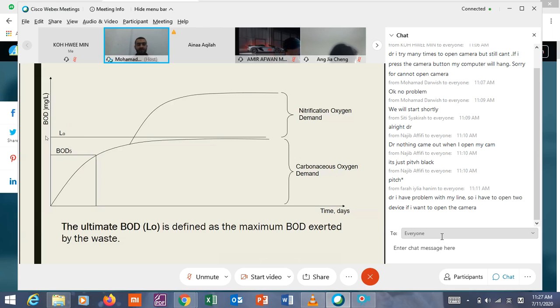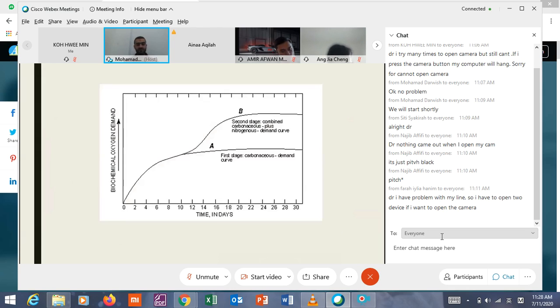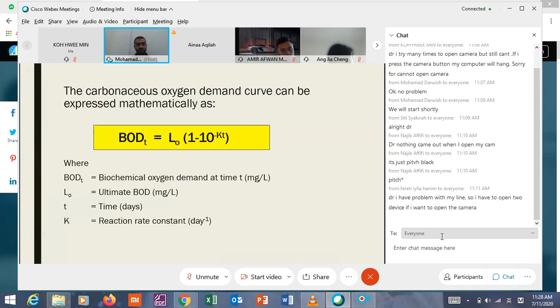We don't depend on the ultimate, although the ultimate is calculated and estimated. In the lab, the measurement is only for BOD5. So that is the ultimate BOD: the maximum BOD exerted by the waste, but this value is theoretical.